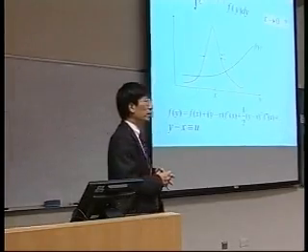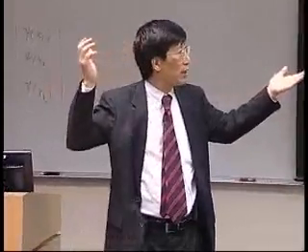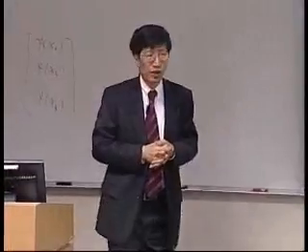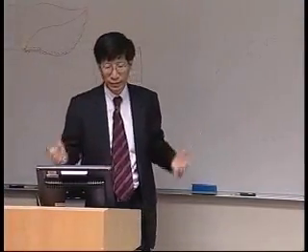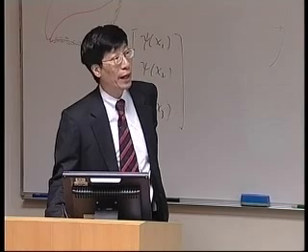Now I will use this. Now everything up to now is exact, even for large epsilon. But now let me look at the following, which is the sort of thing that occurs very often in many problems in physics. Suppose I have an integral that looks like this. I have a function f of y, which is arbitrary, multiplied by a Gaussian, which is e to the minus x minus y squared divided by epsilon, and integrated over y.